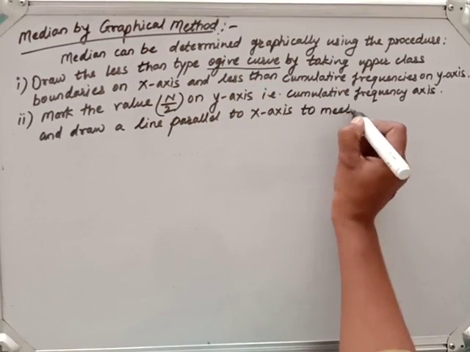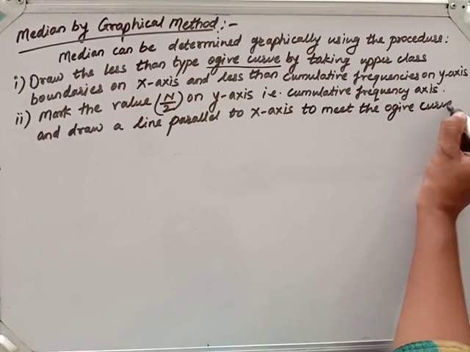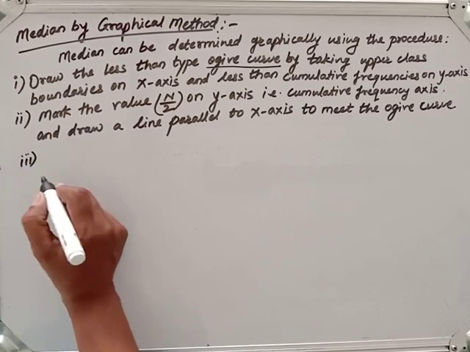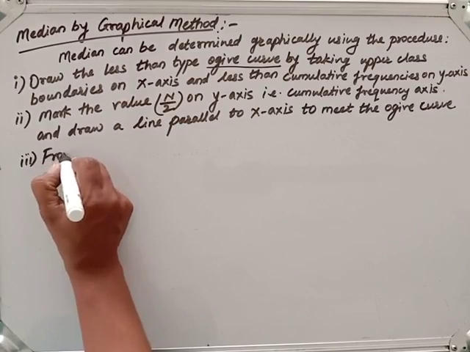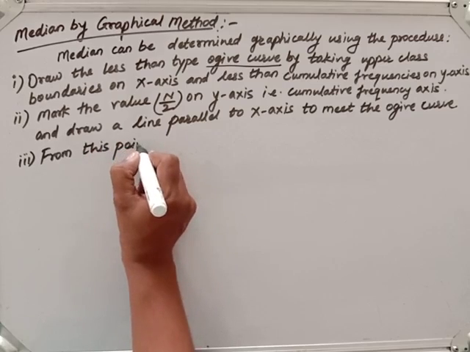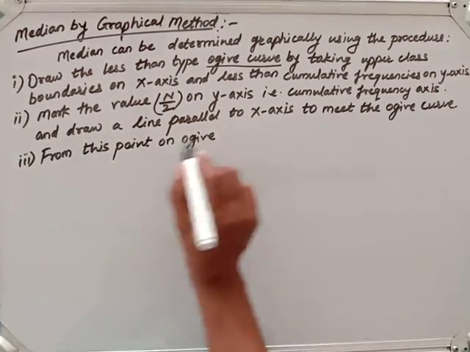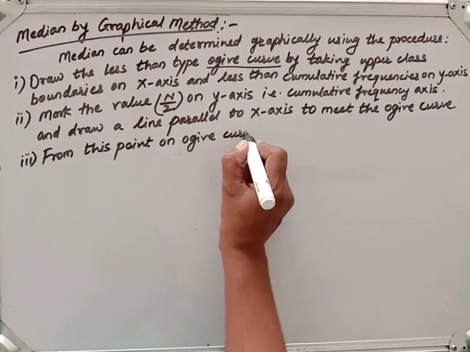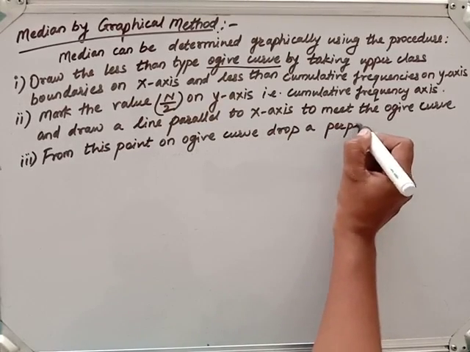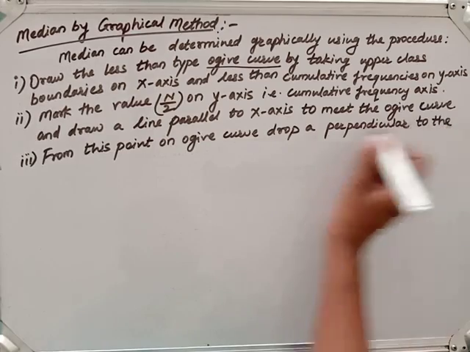Then step 3, what does step 3 say? Step 3 says from this point on ogive curve, wherever the line meets the ogive curve, we have to drop a perpendicular to the x-axis.